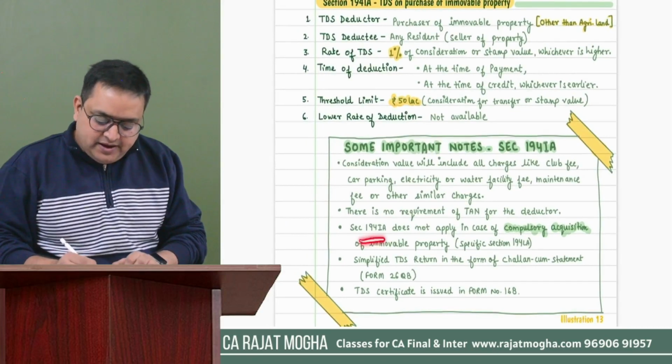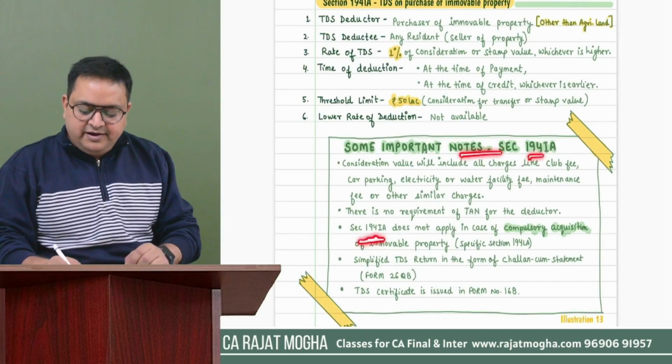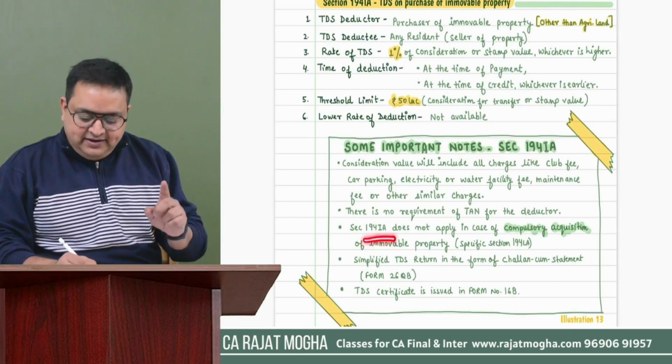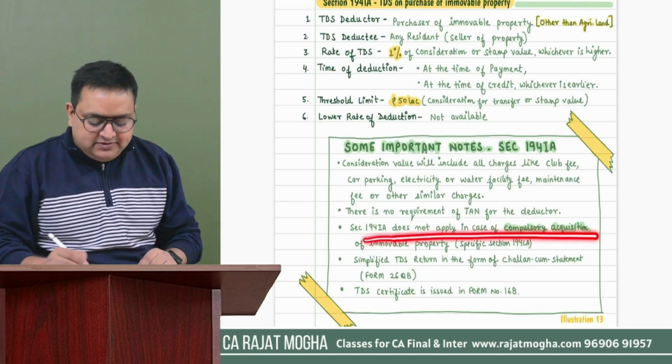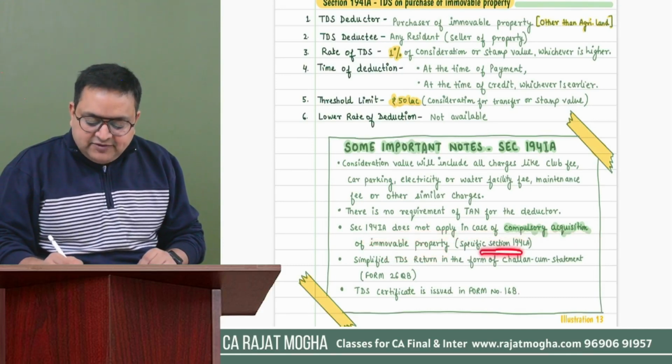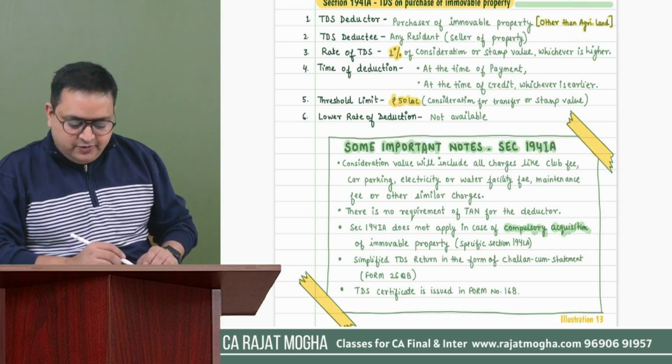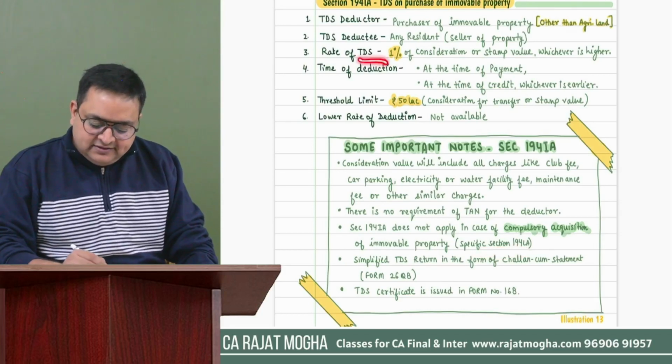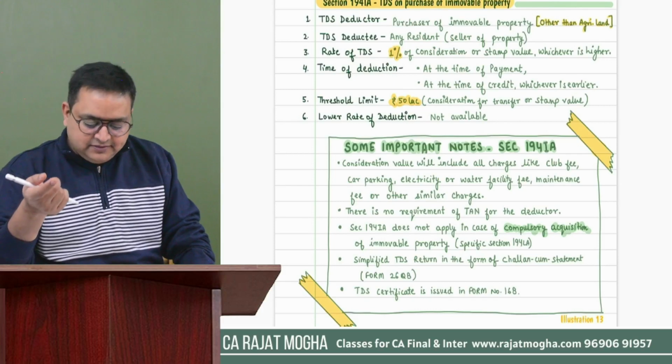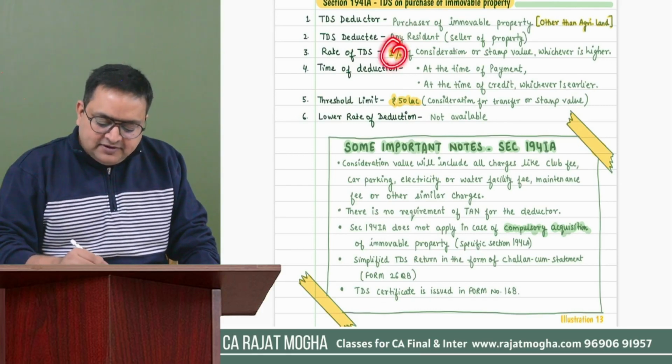See, I have written it here also. Some important terms in 194IA: 194IA does not apply in case of compulsory acquisition of immovable property because we have a specific section, 194LA.